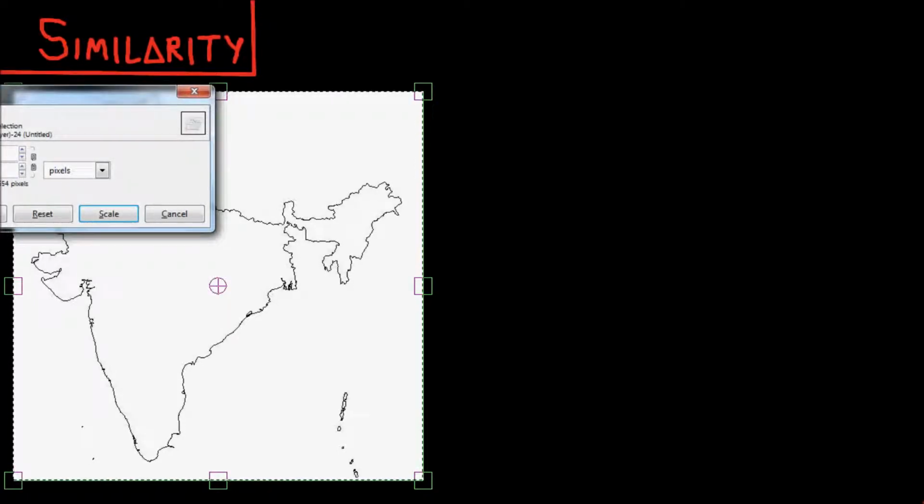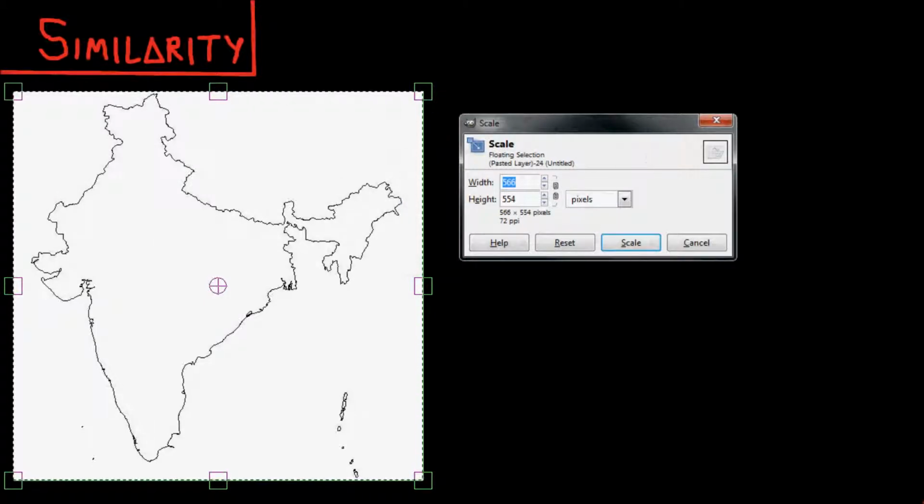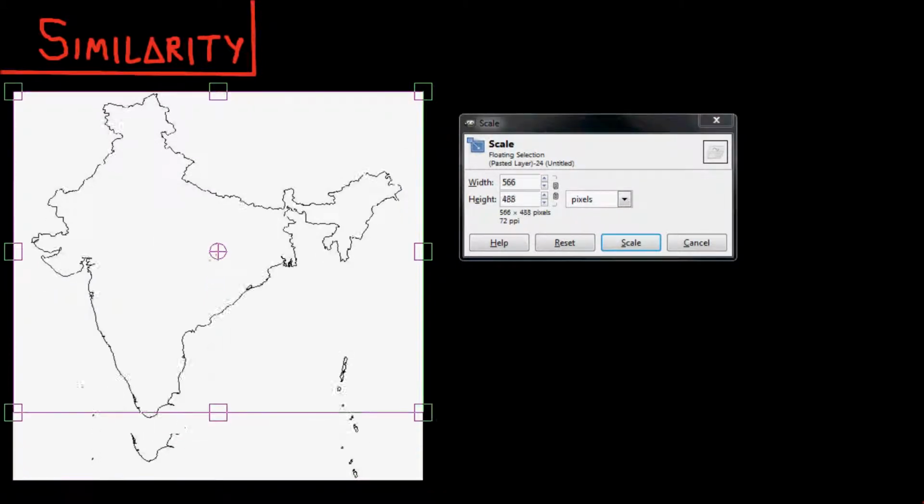So when people are drawing these sort of maps, they need to keep some sort of scale. You can see I've opened the scale dialog over here. You can't have an India map like this, right? It's way thicker than it should be if you look at the proportions of it.